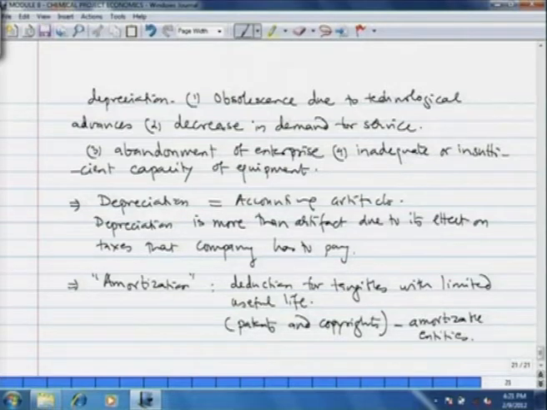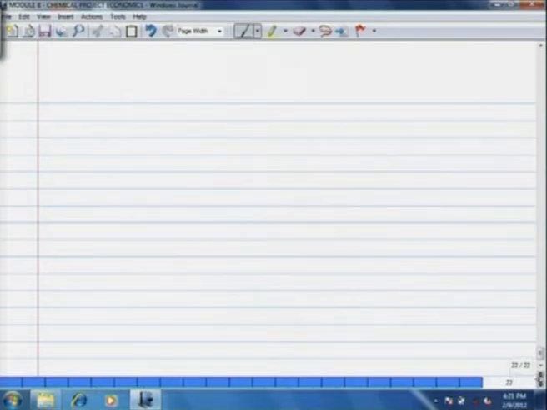Now, let us see some basic aspects. What are the depreciable properties and what are non-depreciable properties? How do you distinguish between them?